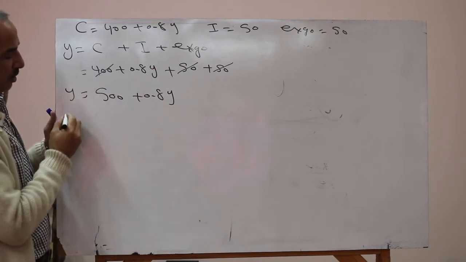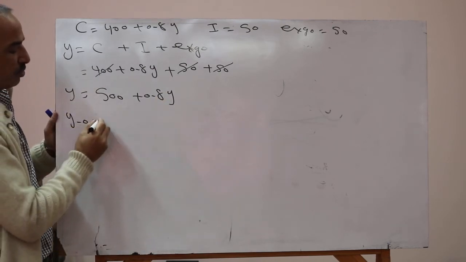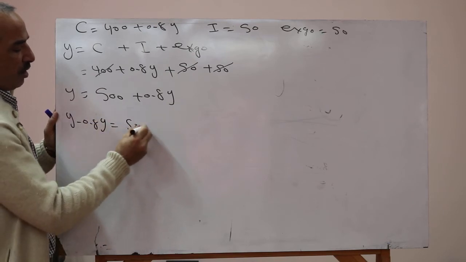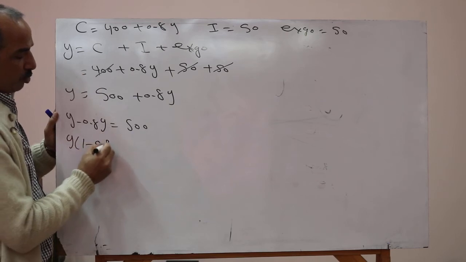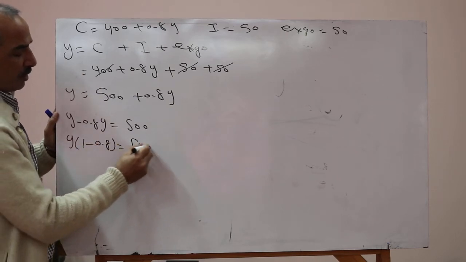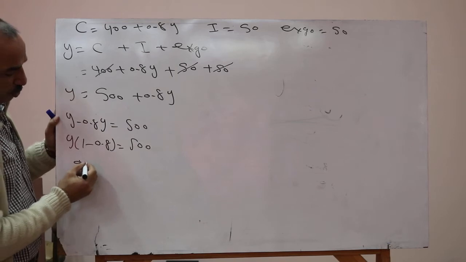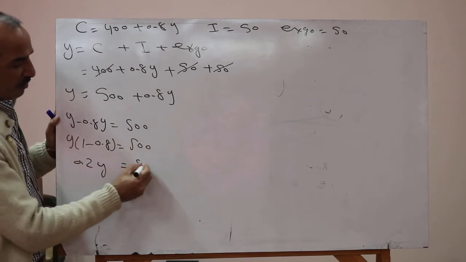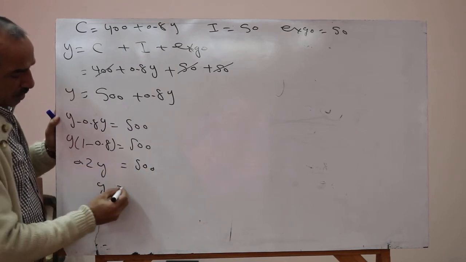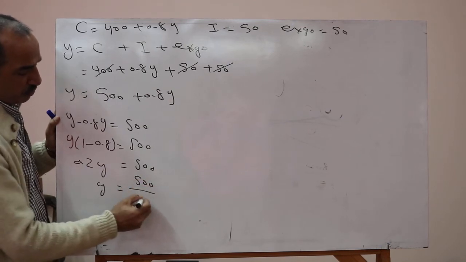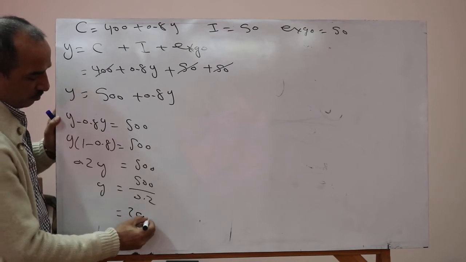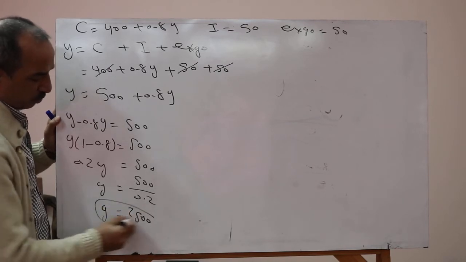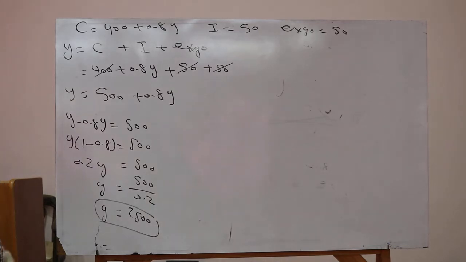Then y minus 0.8y equals 500, so 0.2y equals 500. y equals 500 out of 0.2, which equals 2,500. Okay.